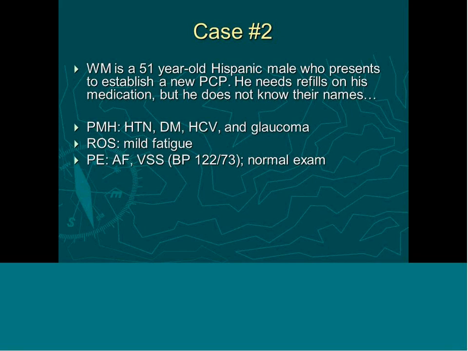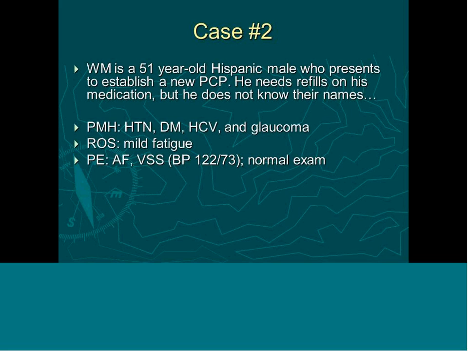This is a 51-year-old Hispanic male who is establishing care with a new primary care physician. He needs refills on his medications, but he does not know their names. His medical history is hypertension, diabetes, hepatitis C infection, and glaucoma. His symptoms show mild fatigue.